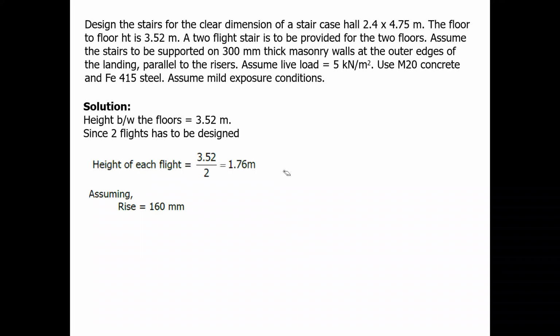Okay. So this is as per NBC. So NBC stands for what? National Building Code. Okay. So as per NBC, you have to take riser from 130 to 170. Here I assumed 160. Is that clear?